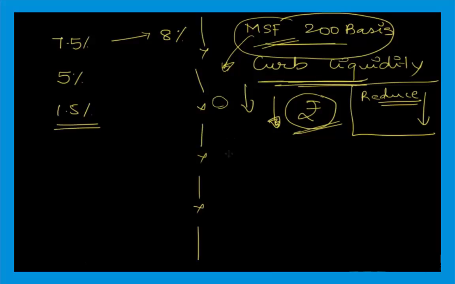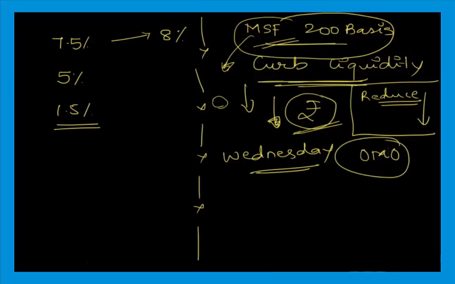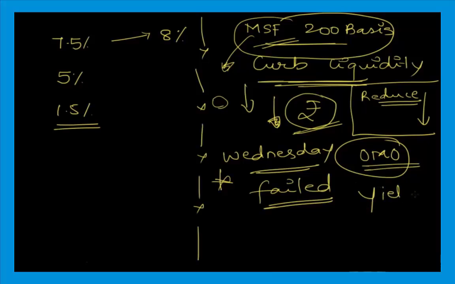But what happened? Post the Monday rollout, on Wednesday, RBI had a few bonds that they were supposed to auction under the open market operation to curb more liquidity and remove more money out of the system. But the entire auction failed, and RBI did not sell a single bond on Wednesday because the participants in the open market operations, specifically banks, wanted higher yields.